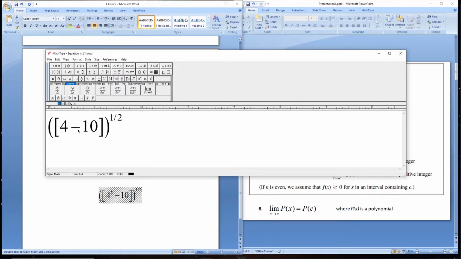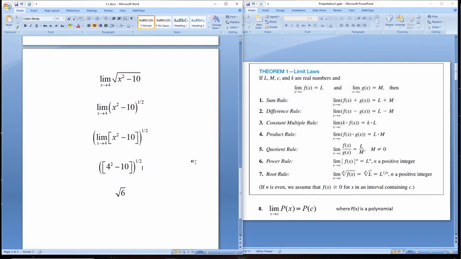So we would have 16 minus 10 here, which is 6. And then we're ultimately taking then the square root of 6. And that's our answer.